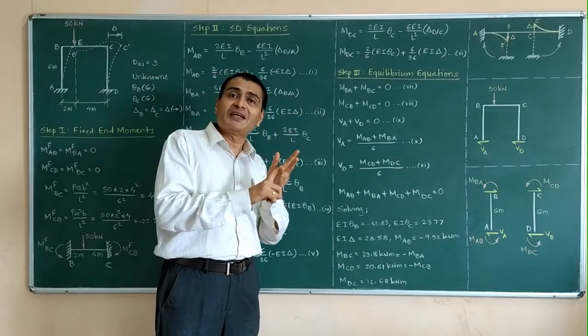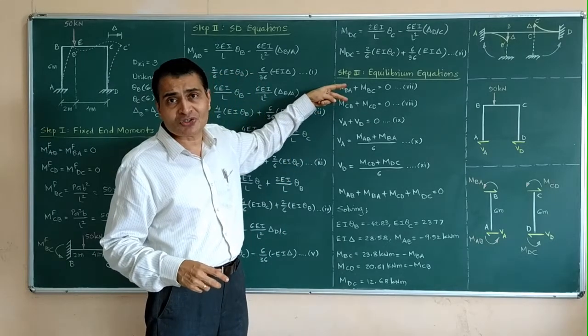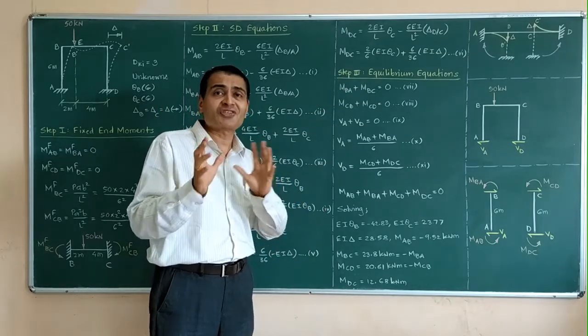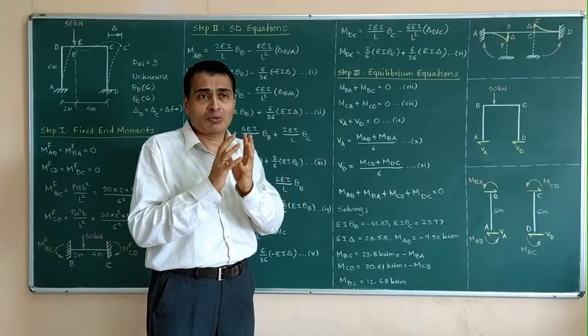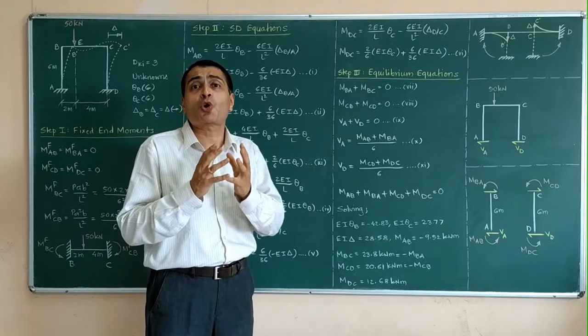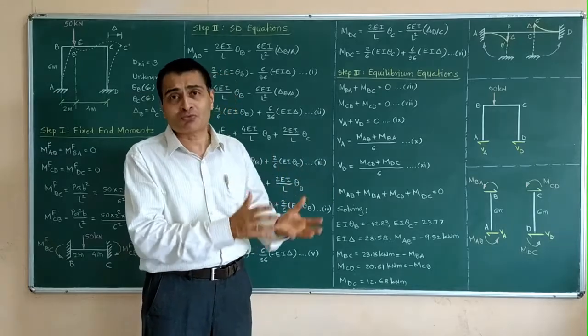Theta B, theta C, there are 2 rotations, so 2 moment equations. 1 translation, so 1 force equation. That is the cause-consequence relation, or the correspondence between rotation and moment, translation and force.